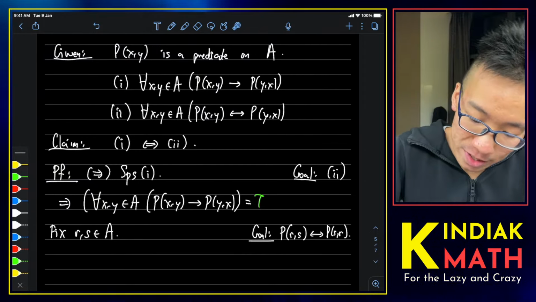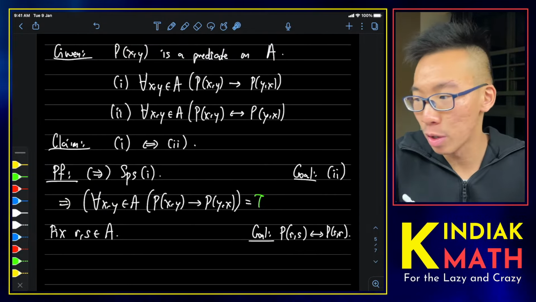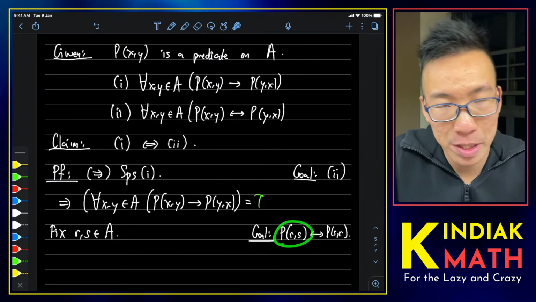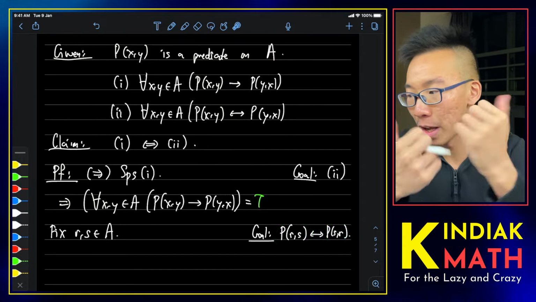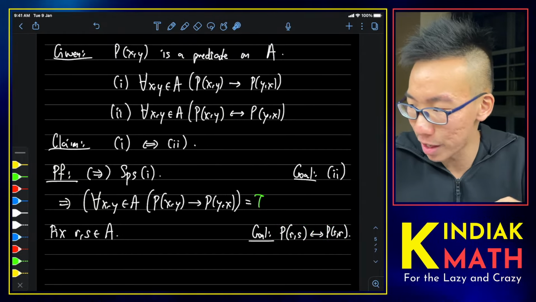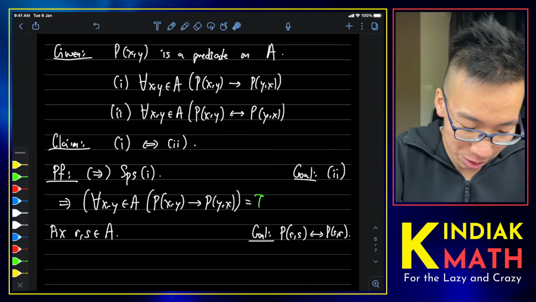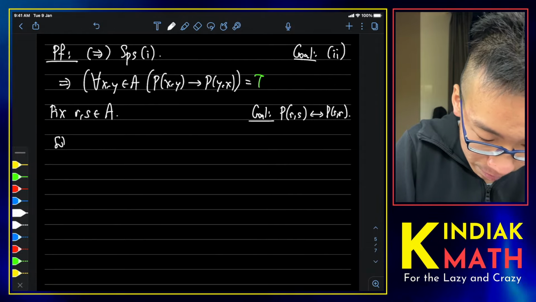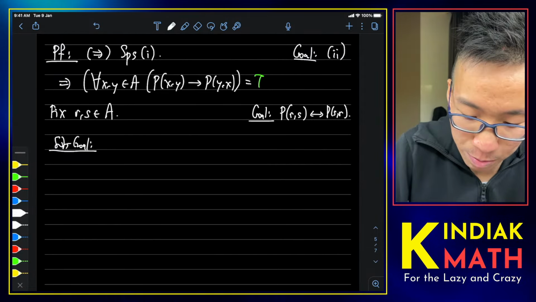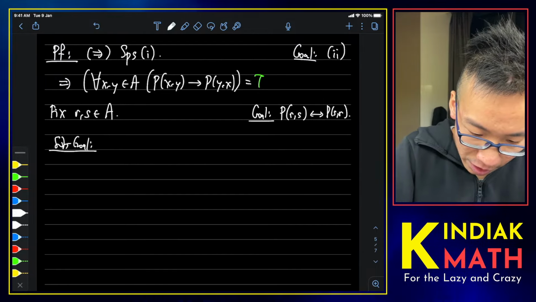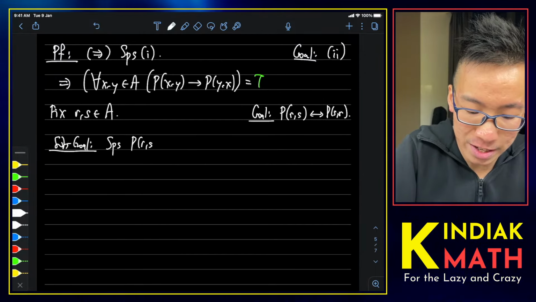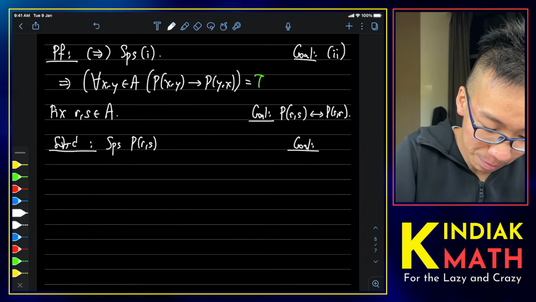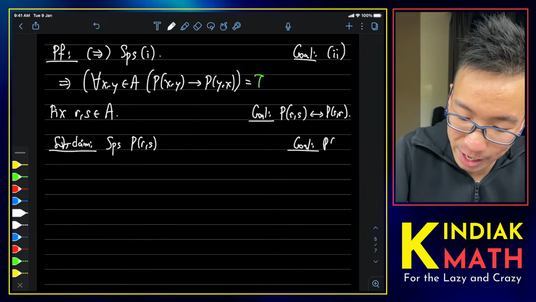Now, with this goal in mind, what exactly is our goal? Well, our goal is to prove that P(R,S) and P(S,R) have the same truth values. But that simply means we need to basically break this down one more time. What's our sub goal? Our sub goal is to prove that if we suppose P(R,S), or rather our subclaim, this is a subclaim, we need to prove that P(S,R) works.